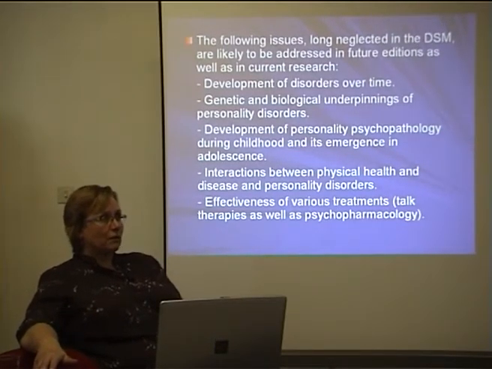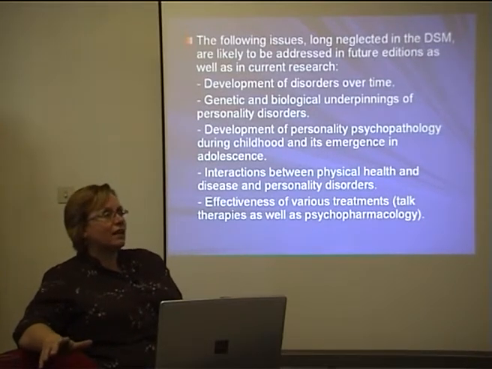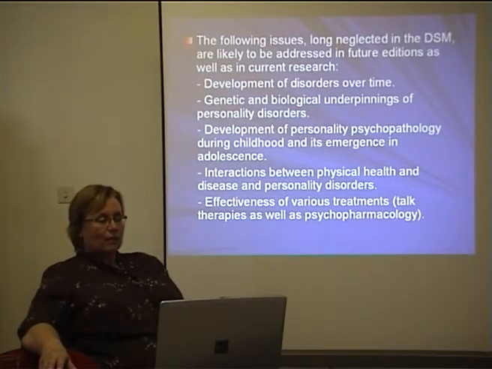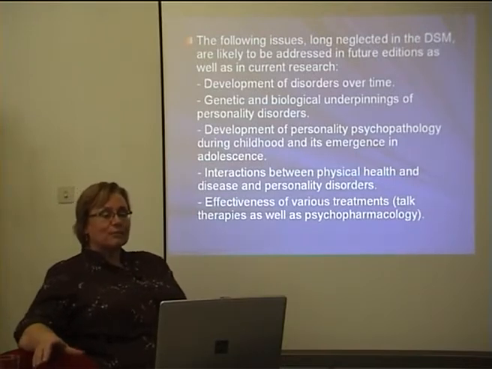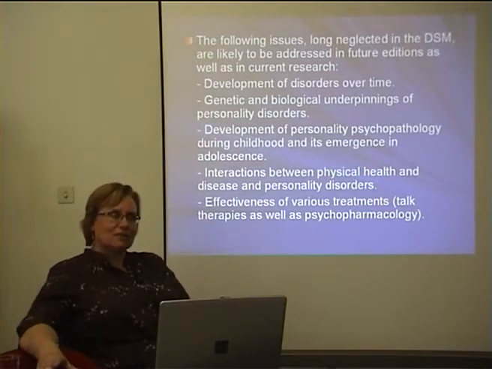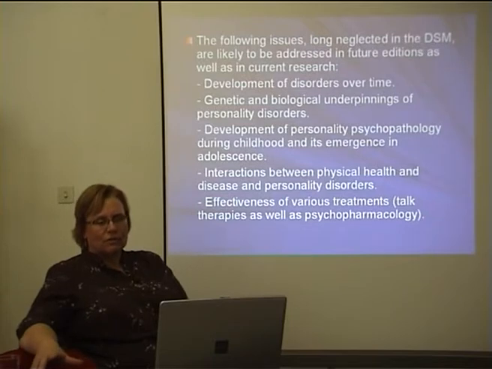That would be an example that's not well specified yet. And we also are finding more about the genetic and biological underpinnings of personality disorders. We don't know enough about the development of personality psychopathology during childhood and its emergence in adolescence. This is something that is starting to develop, and we will see more of in the future as well.